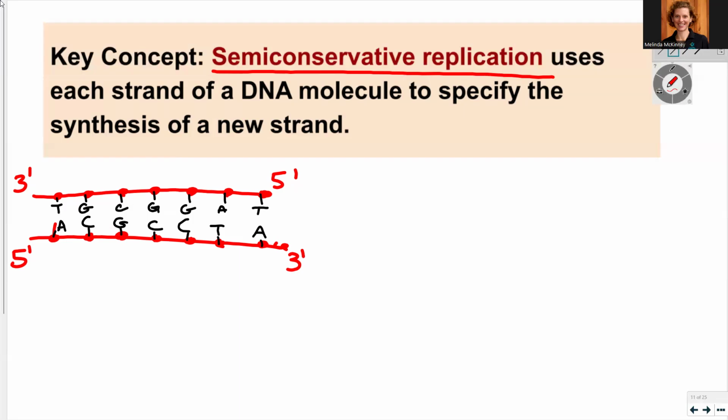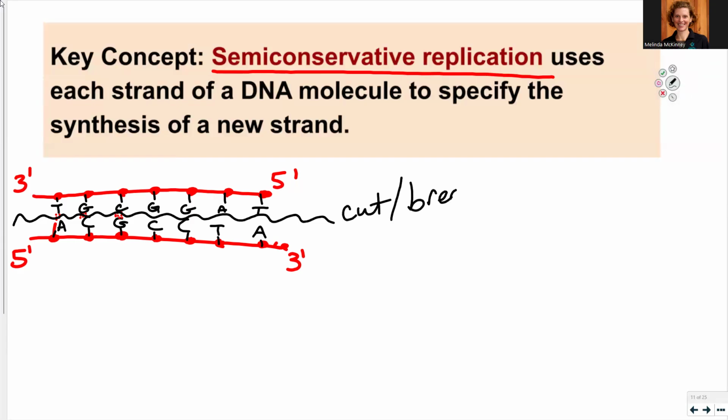There are 2 hydrogen bonds between A and T, and 3 hydrogen bonds between C and G. So when we go to make a new DNA strand, all we have to do is break this apart, so cut or break the hydrogen bonds, and you use each of these to make a new strand.